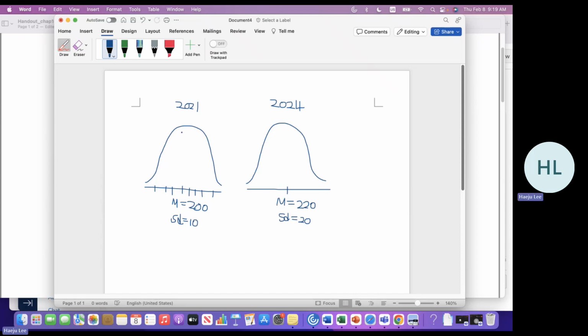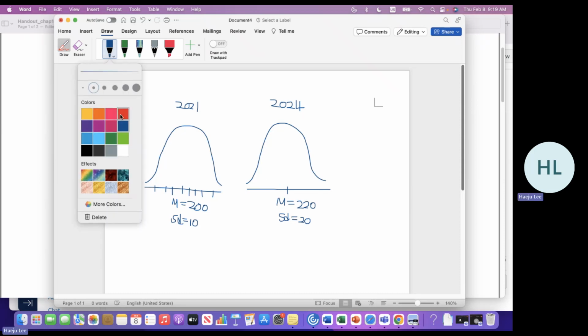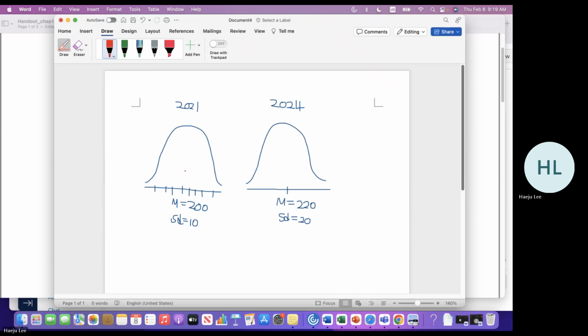So when we pick one score from each of the two distributions, can you say this number is higher than the other?